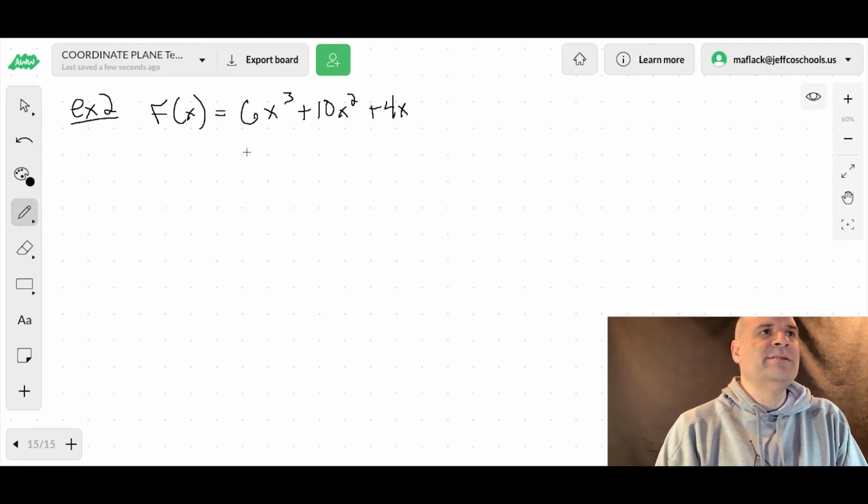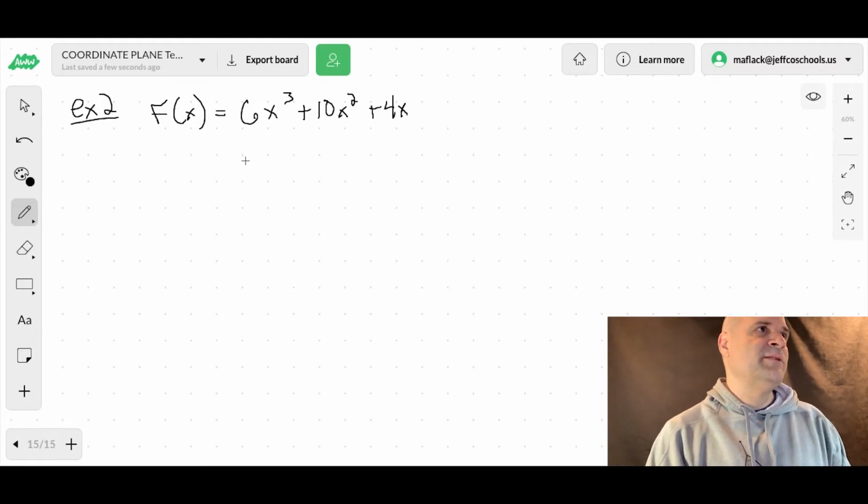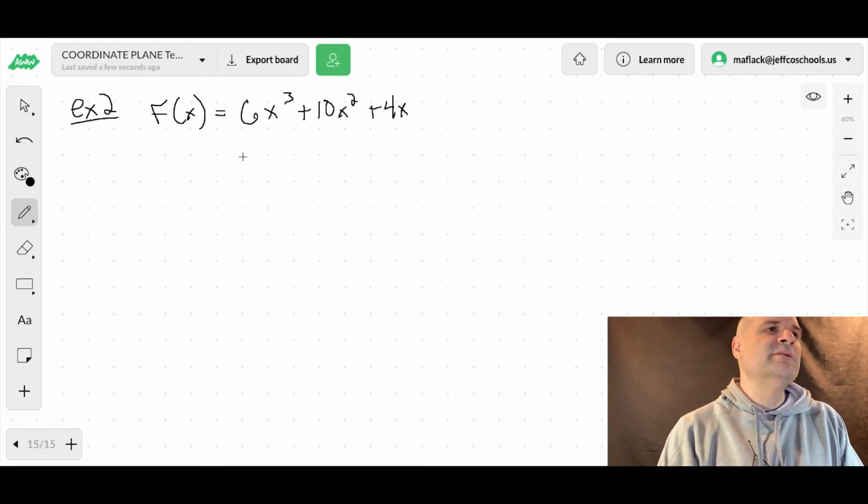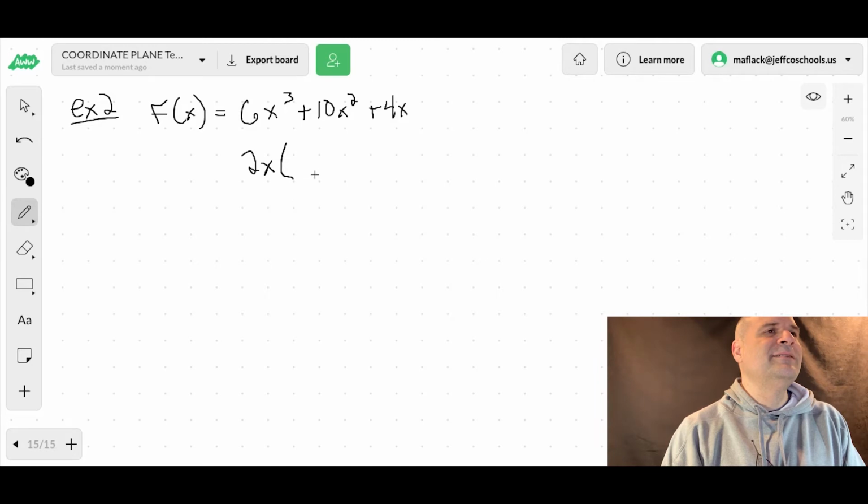Is there? Why, yes, there is. So keep in mind the numerical factor and the variable factor. So what goes into 6, 10, and 4? 2 goes in there. What goes into x cubed, x squared, and x? X. So take that out of there and you're left with 3x squared plus 5x plus 2.